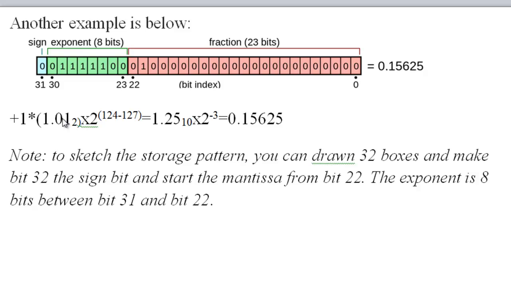Now we're going to translate this into decimal, in which case we get 1.25, because this is a quarter here, and that's a half there, but there's no place value to be had. It's just 1.25. So it's 1.25 in base 10 times 2 raised to the power of minus 3, and that is 0.15625.